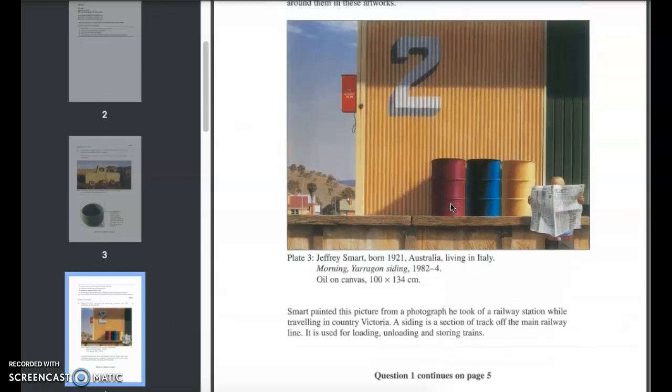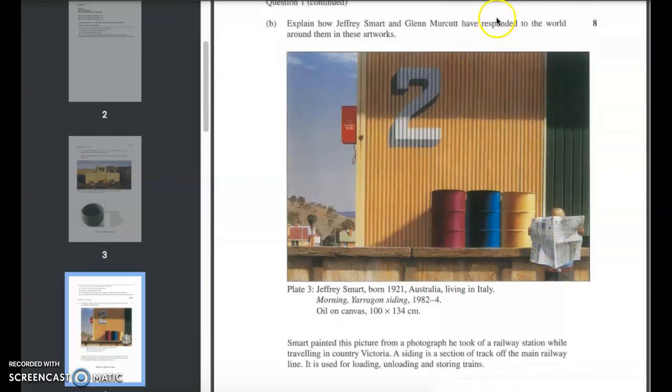Straight away, that date of when it was made gives you some context at what we're looking at. This is not a super contemporary work. So when you're talking about the world around them, we're not talking about the world that we are in, we're talking about the world that the work was created.